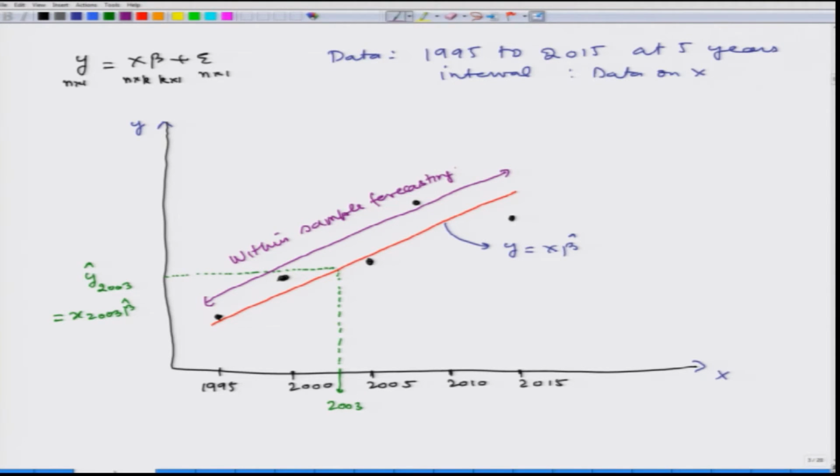Now, we consider another aspect. Suppose we are interested in making a forecast for 2018. In order to know the value of y in 2018, first of all we have to assume that this fitted line, y equal to x beta hat, continues further.